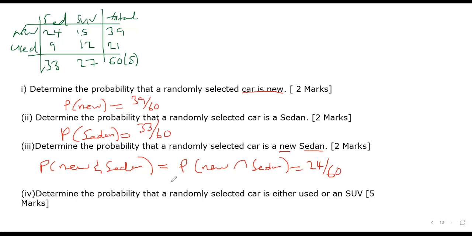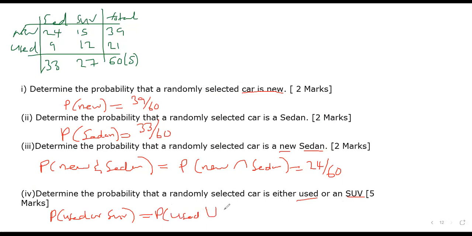How about lastly, they're looking for either SUV or used. What are they asking for? The probability of used or SUV. Or means what? Union.